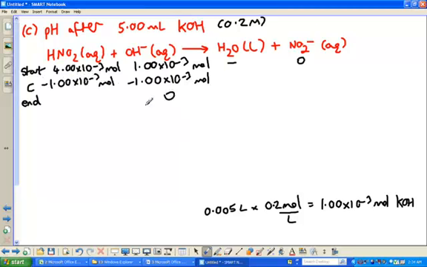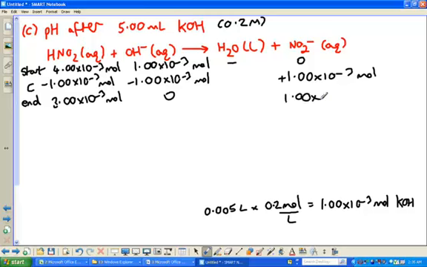Of course, that's 0, and what this ends up with is 3.00 times 10 to the minus 3 moles of my acid that's left. But bear in mind, when this reacted with this, it formed this. So when I lost 1.0 times 10 to the minus 3 moles of my base and my starting acid, I formed that same number of moles of the conjugate base of the acid.